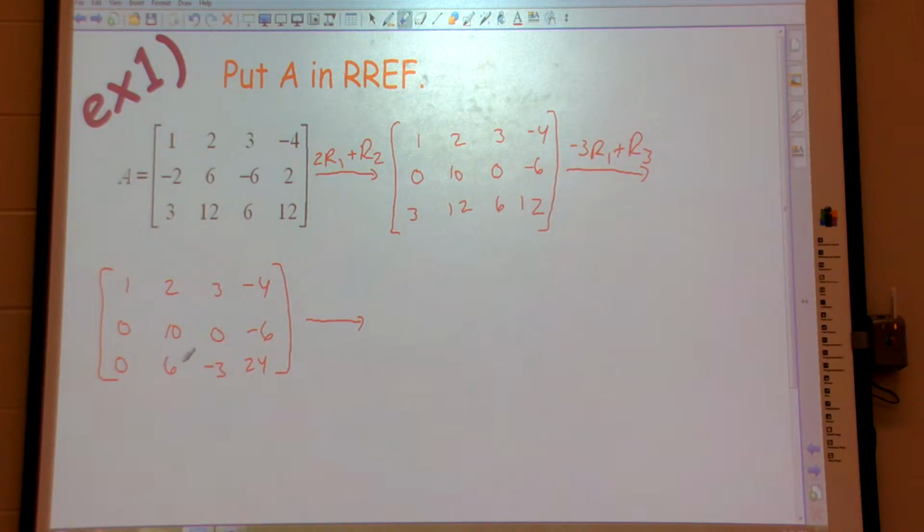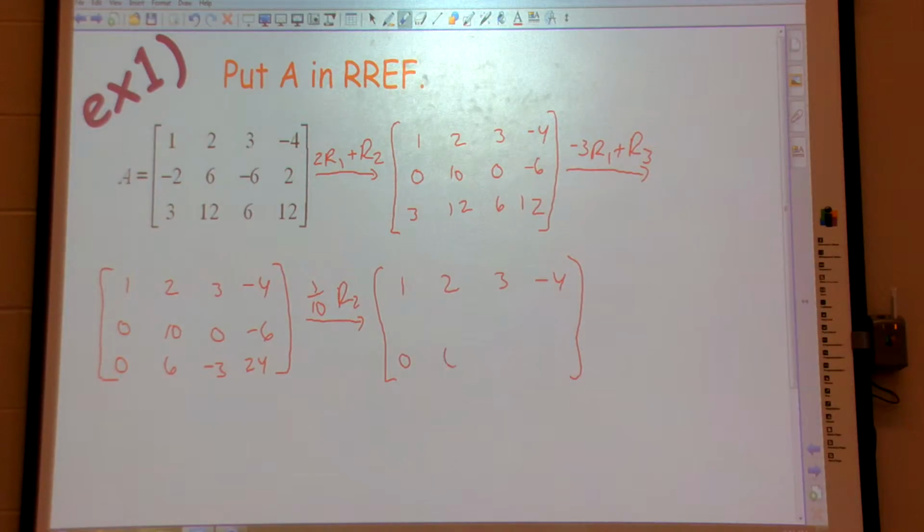Well, do I want to do it on this row or this row? If I did 1/10, that's going to be a fraction. If I did 1/6, that's going to be a fraction. Let's do this row because it's got a 0 in there. Let's do 1/10 R2. So the first row is the same.